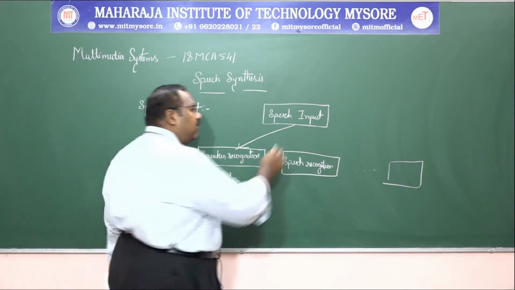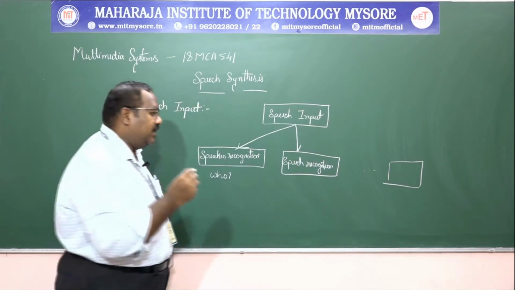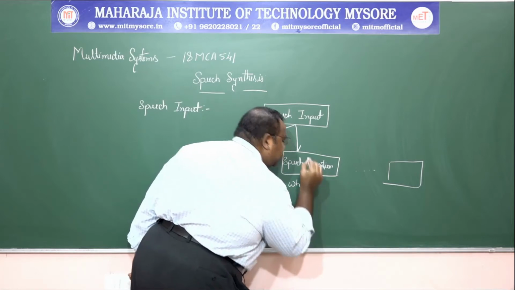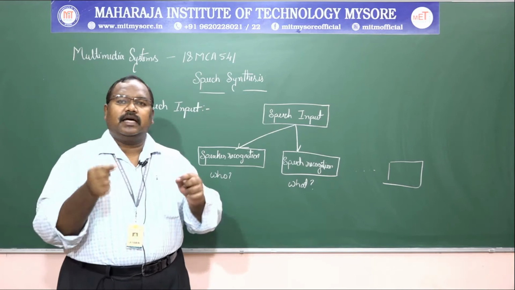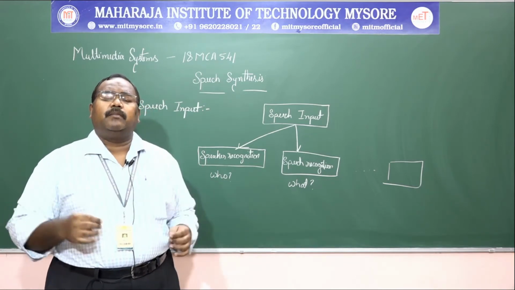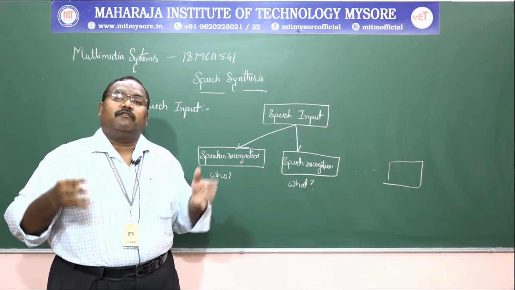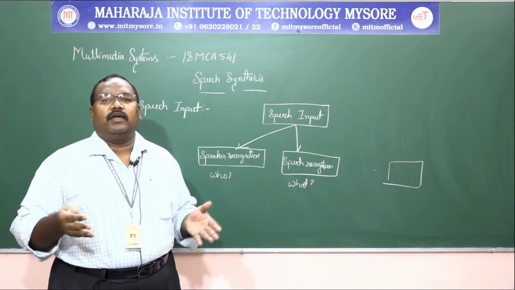The second one is speech recognition. Here what we deal with is what the speaker is talking about. The main parameter is the content itself. What is he about to say? There are a lot of parameters associated, again: the environmental noise, the physical behavior and the emotional behavior of a person all vary.